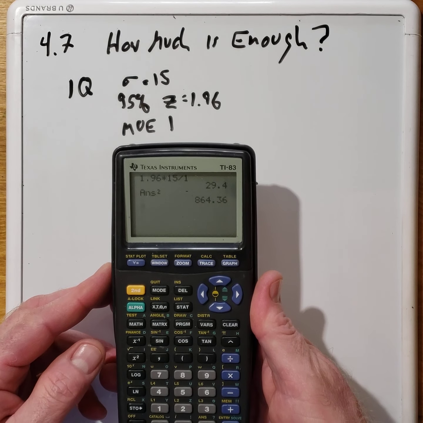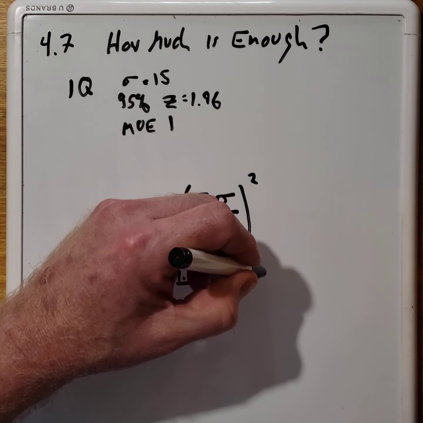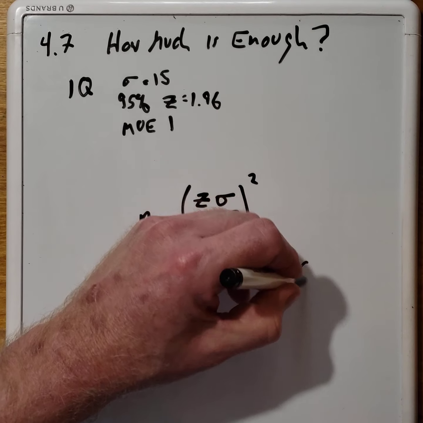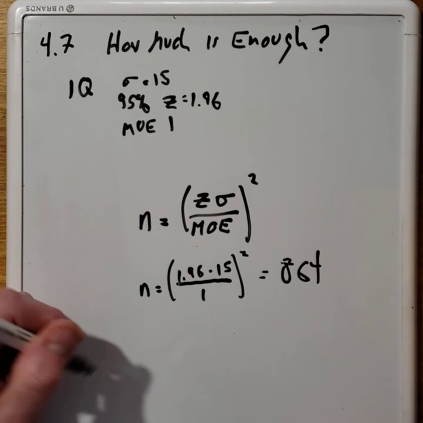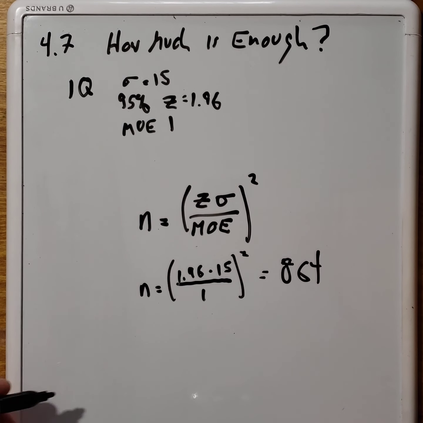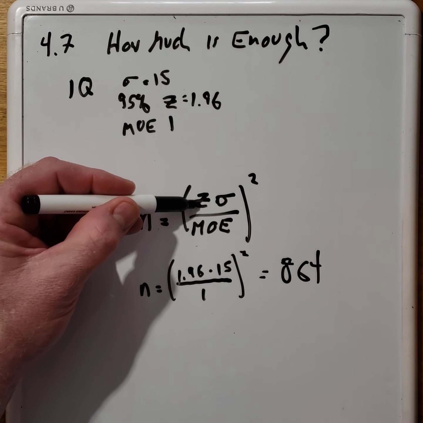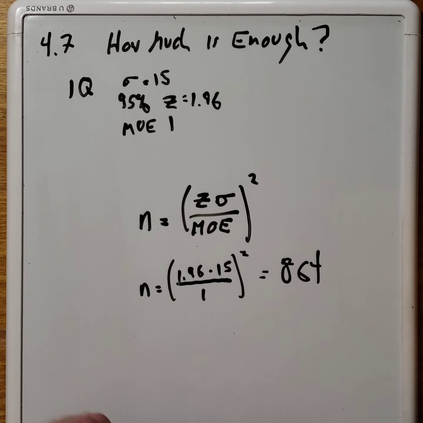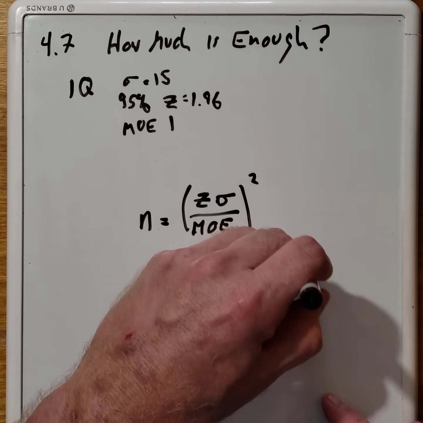And we'll get 864 data points. That's how many we would need in order to get the results that we want there. That's really terrible, but you get the idea. If you know roughly your standard deviation, and you know what your confidence level needs to be, and you know the margin of error you want, then you can calculate how many people or how many data points you would need for that.